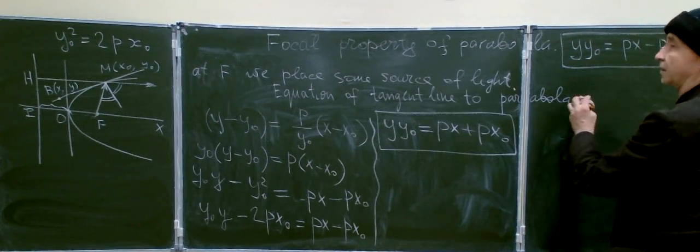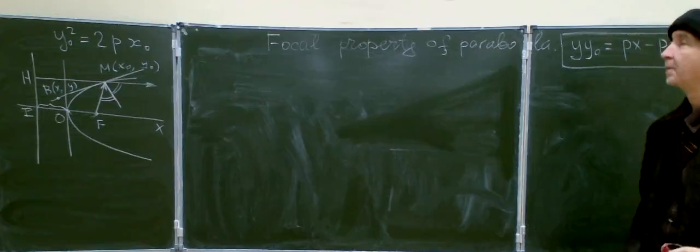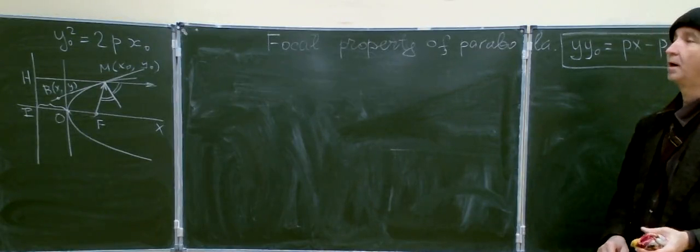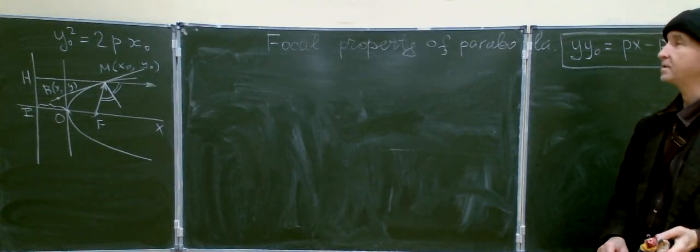And then I wipe our calculations in order to make some empty space. We declare the focal property of parabola. Let's write the statement of this focal property.